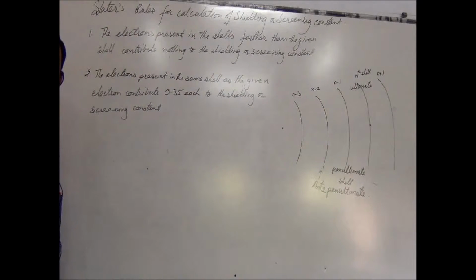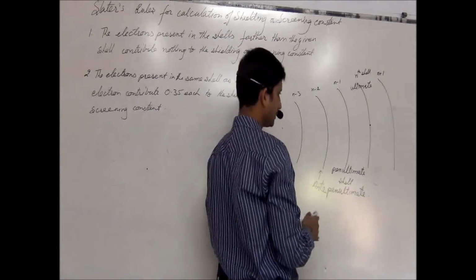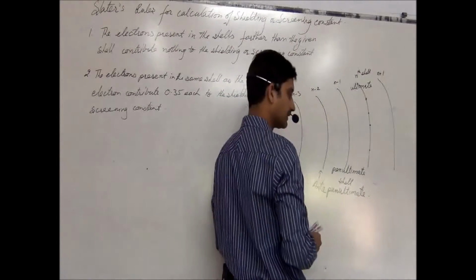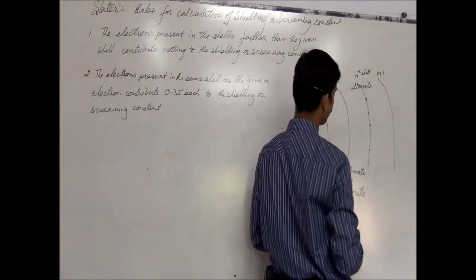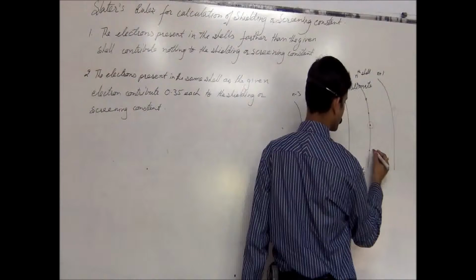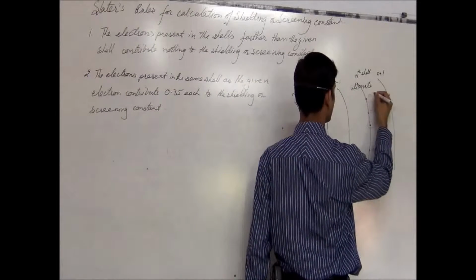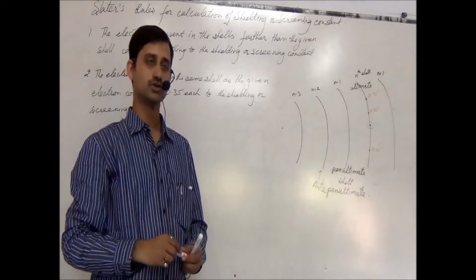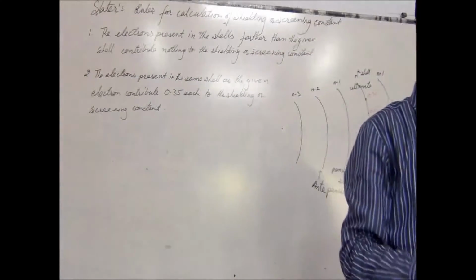Clear? So that means, apart from this particular electron, whatever electrons are present in this particular shell, each of them is going to contribute 0.35. Let us say we are talking about this particular electron. This electron is going to contribute 0.35. This is going to contribute 0.35. This is going to contribute 0.35. Contribution to the shielding or the screening constant, or you may say this much charge they are going to nullify.